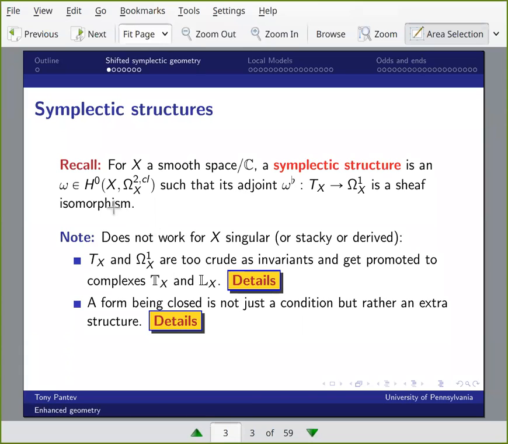It's a closed algebraic two-form which happens to be non-degenerate. So when you contract tangent vectors with it, you get cotangent vectors, and this contraction map is an isomorphism between tangent and cotangent.